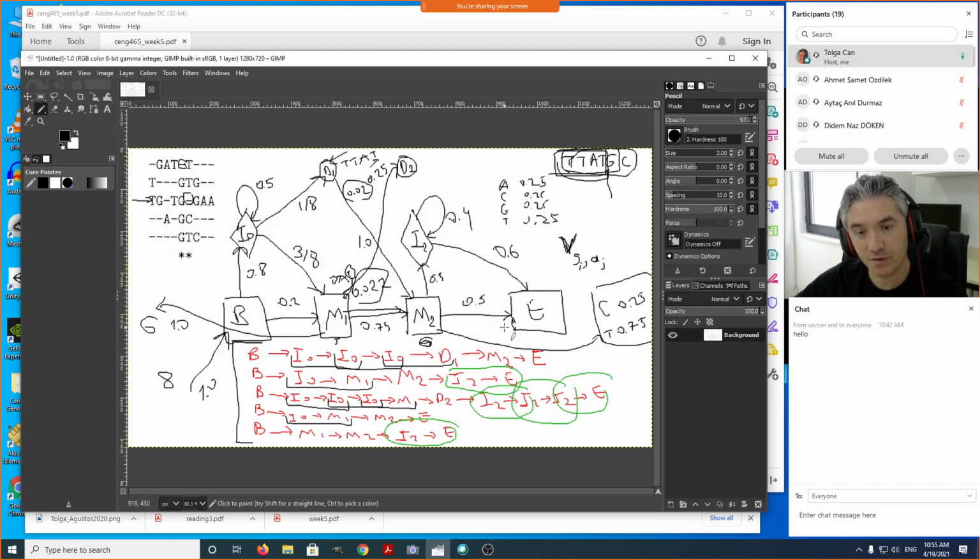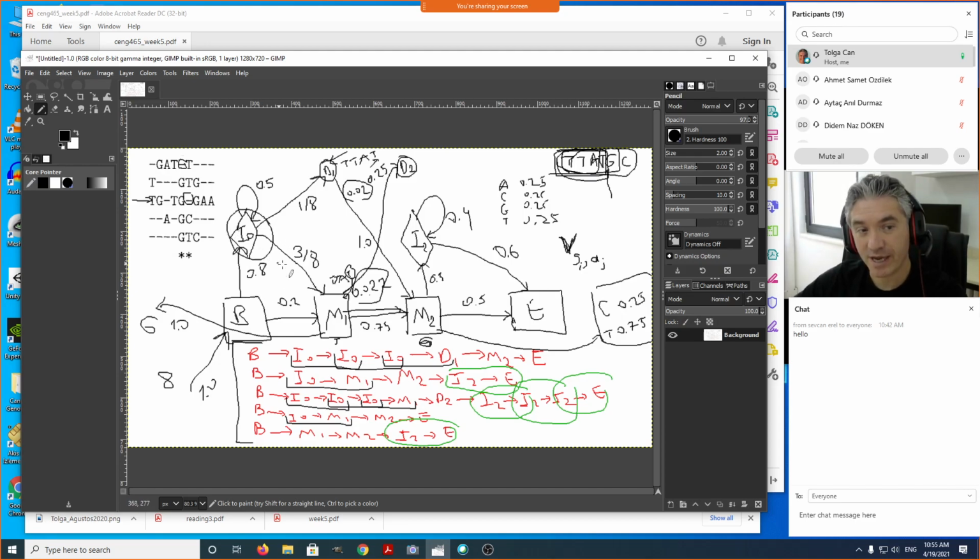For example, you can see that certain paths are not going to be possible for the sequence that I give. For example, is it possible? It is possible, yeah. From I0 to M1 is possible. So if this last T here is emitted at M1, it means that the first three letters here, TTA, must have been emitted at I0.